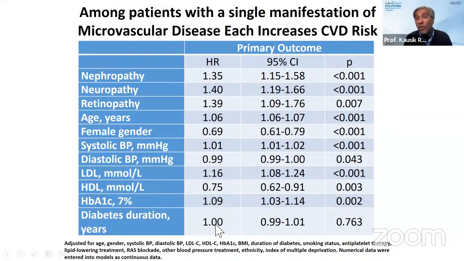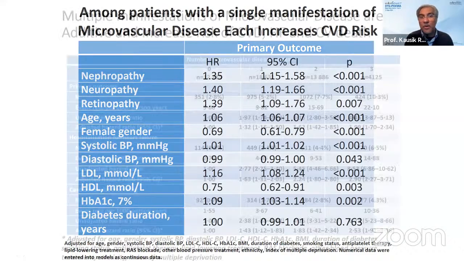And they're not, because when you take duration of diabetes and microvascular disease into account, duration of diabetes actually drops out. So actually, the biggest predictor, for example, of risk in this patient group tended to be the presence or absence of microvascular disease. And these are just some of the other things that contribute to the model.